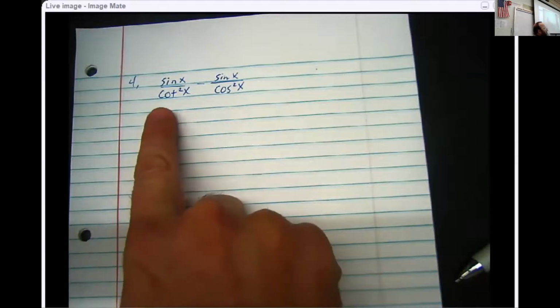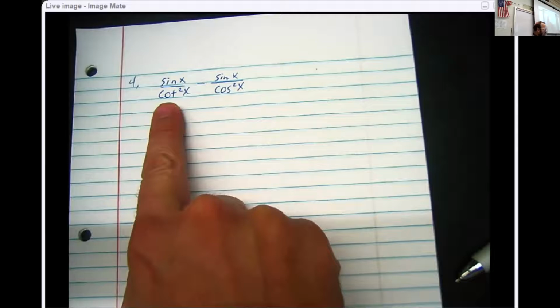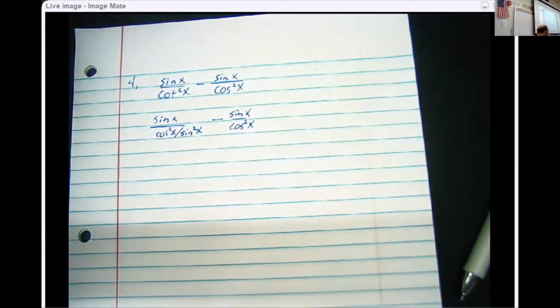And this problem is not quite there. That's sines and cosines, but what is a cotangent? We just talked about that. The cotangent is a cosine over a sine. So the first thing I did is I turned everything into nothing but sines and cosines, okay?